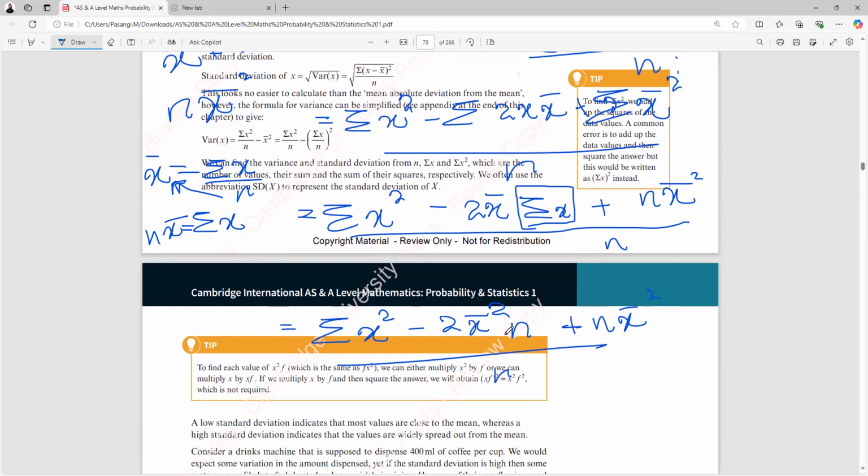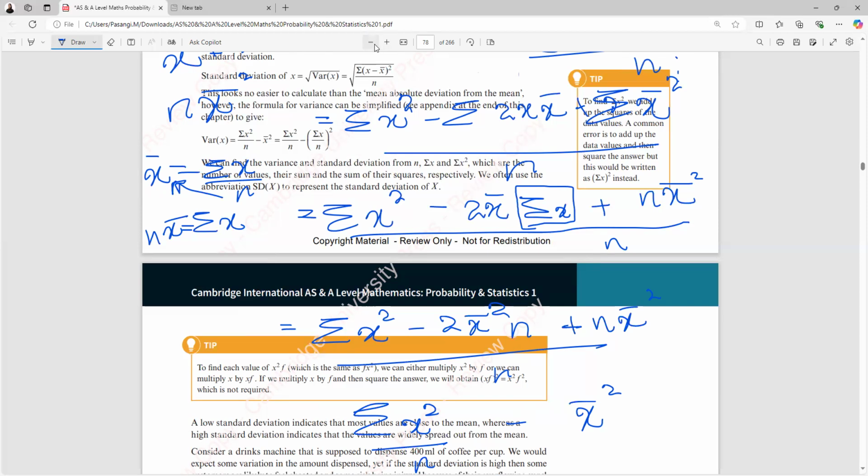If I simplify these further, we have sigma x squared over n minus x bar squared. Here I am getting minus n x bar squared, and if I divide it by n, again we receive x bar squared. Is it clear for you?